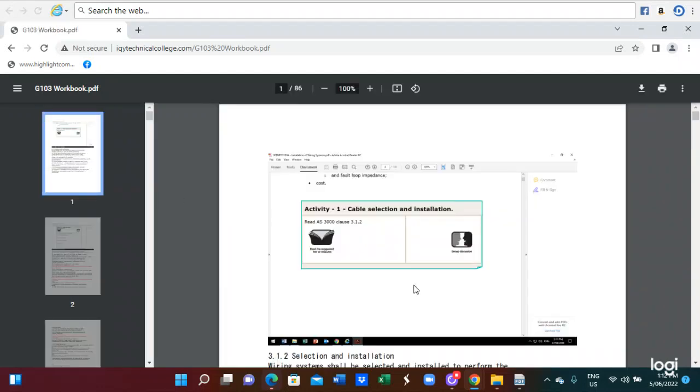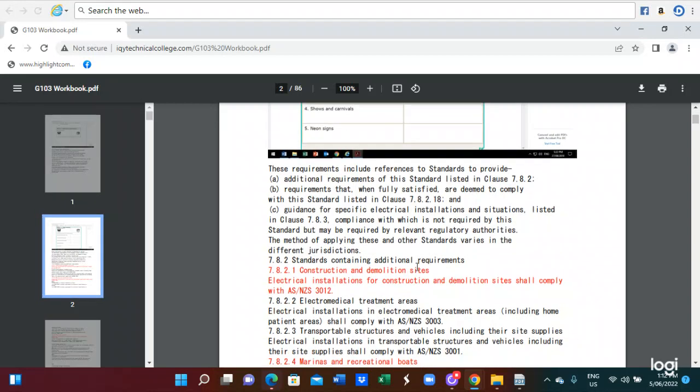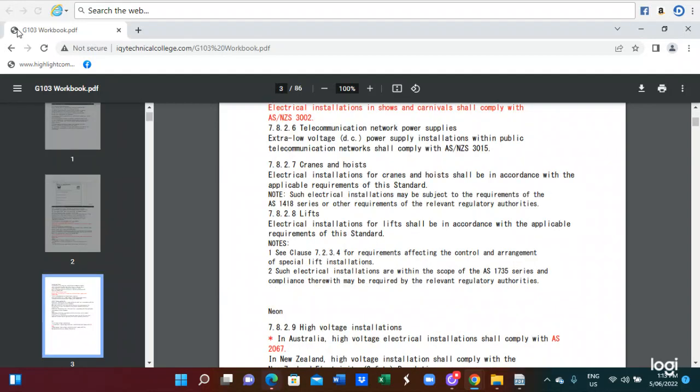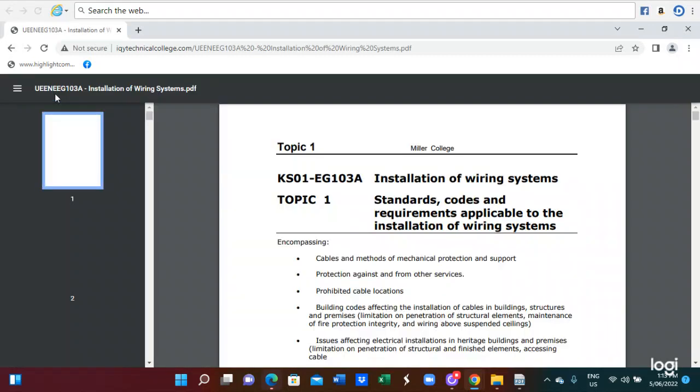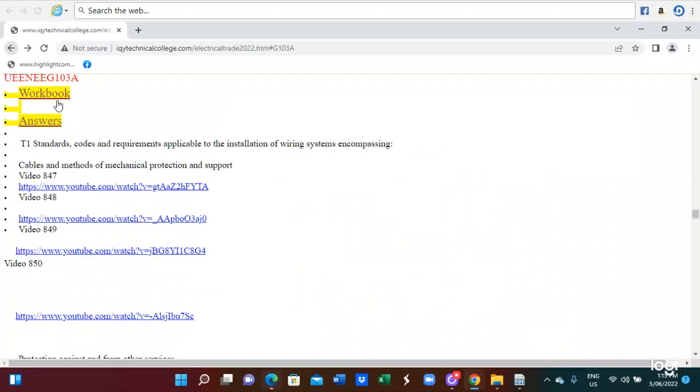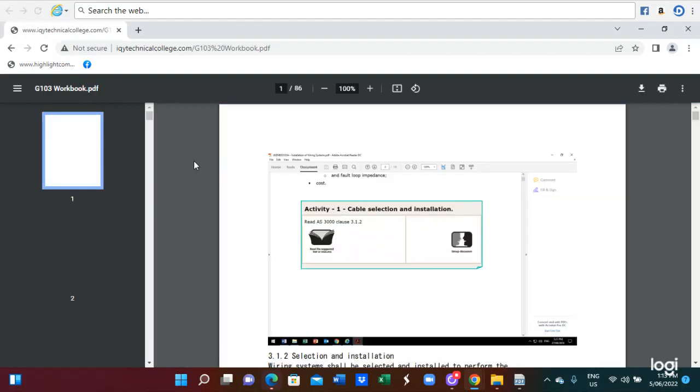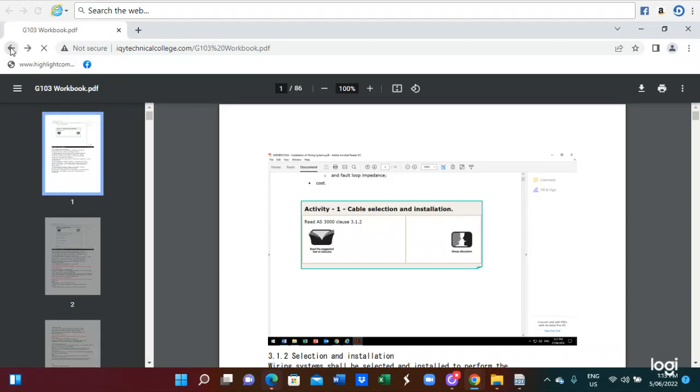So you have to read through the G103 workbook questions, and also study the answers. All answers are provided here. What you have to do is read the workbook question, and also read the answer. Then here is a video.